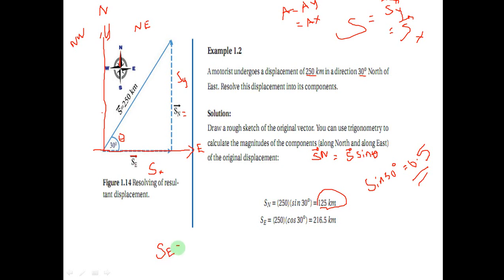ኤስኢ እኩል ይሆናል the displacement s times cos 30 degree ነው። cos 30 degree እዚህ ጋር እኩል ይሆናል ኤስ ስንት ነው? እዚህ ጋር እንደምታዩት 250 ነው። 250 ሲባዛ በኮስ 30 መልሱ ስንት ይሆናል ማለት ነው?